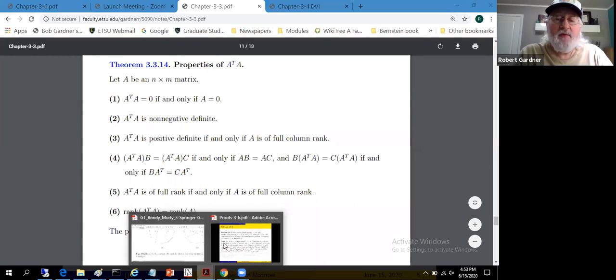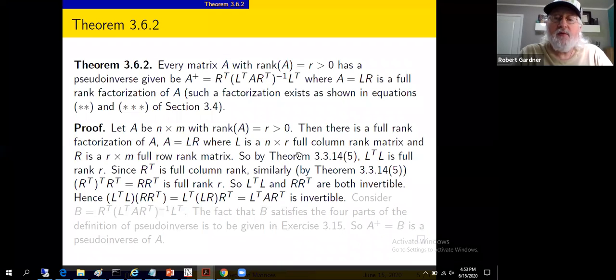Well, we had full column rank for matrix L. L is n by R, a full column rank matrix. So by Theorem 3.3.14, part 5, L transpose L is a full rank matrix of rank R. It's an R by R matrix.